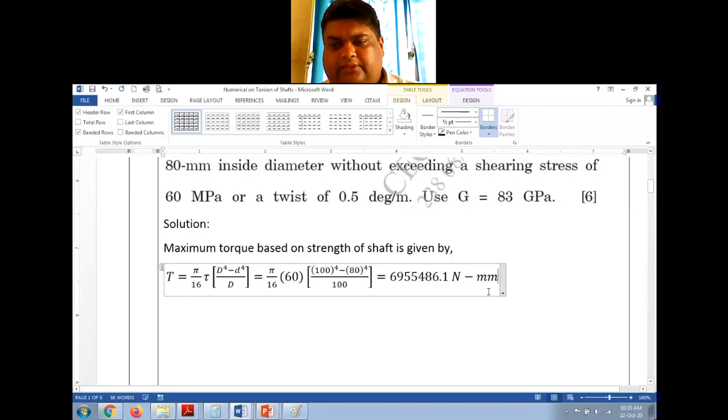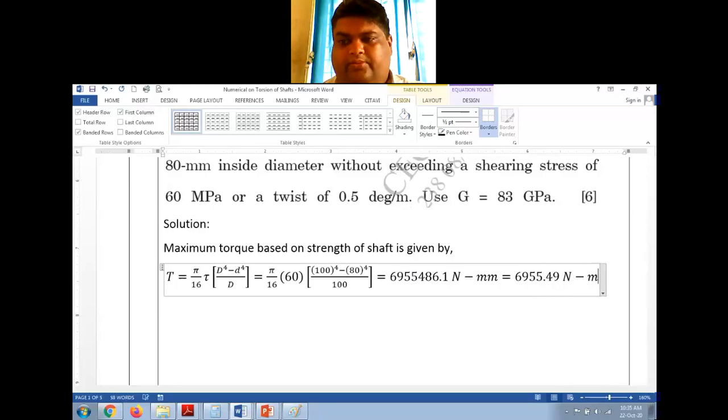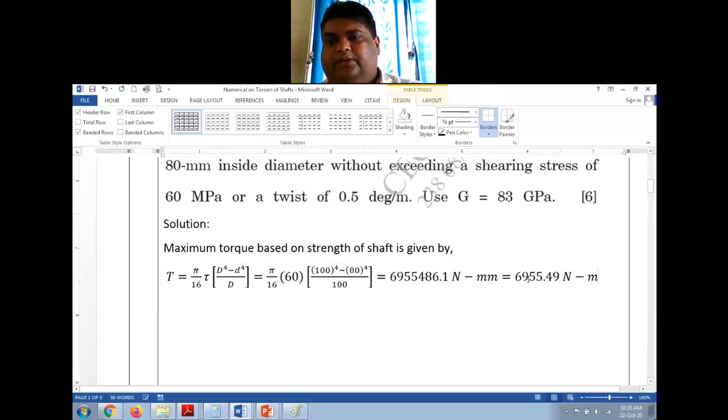Or I'll make this in Newton meter also. So we'll move by three decimals, so it will be 6955.48 or 49 Newton meter. Okay? So this is the maximum torque you can transmit.